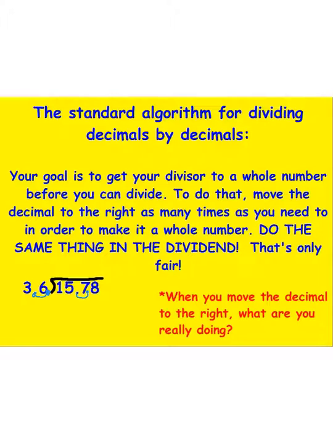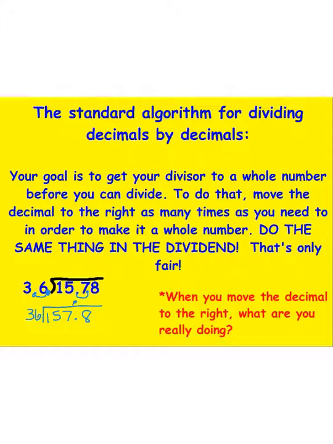In the dividend, I move it one place to the right. So now my new problem would be 36 into 157 and 8/10ths. So there's this preliminary step that you have to do before you can divide a decimal by a decimal. So notice I've changed this now into dividing a decimal by a whole number, which you know how to do. You just bring that baby up and you divide like usual.